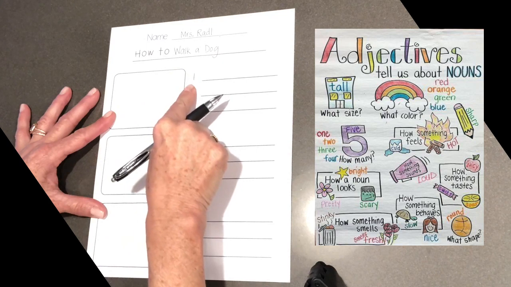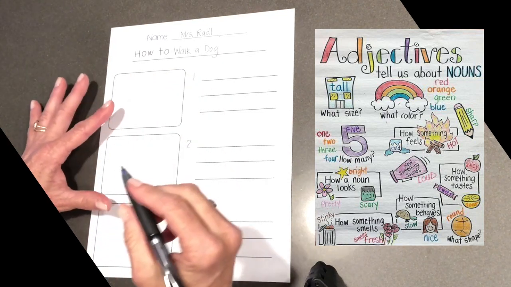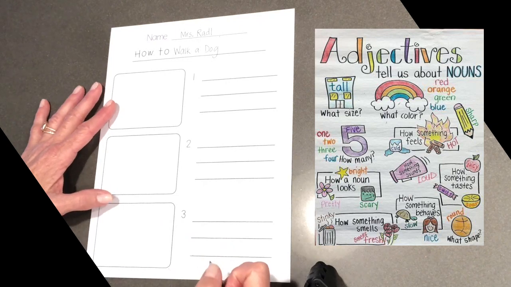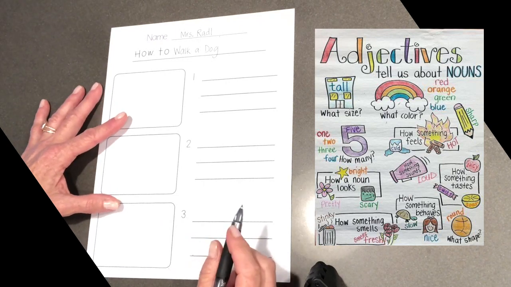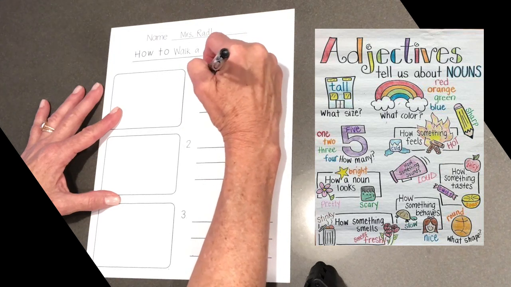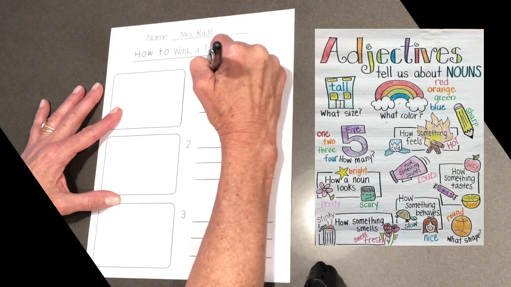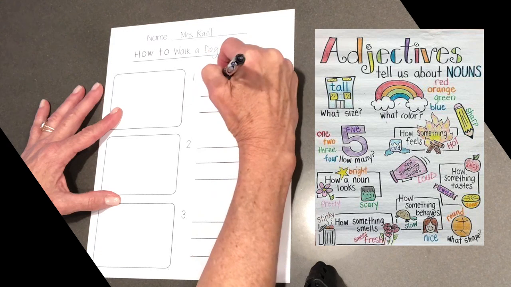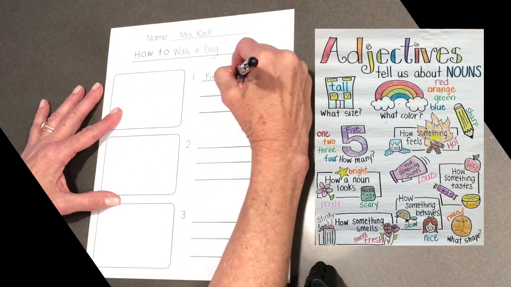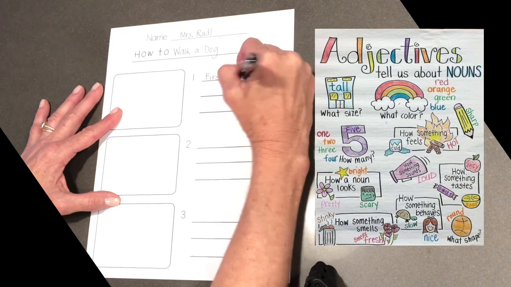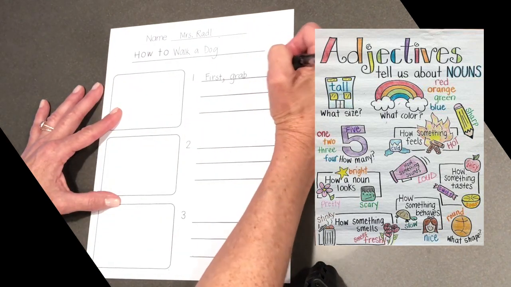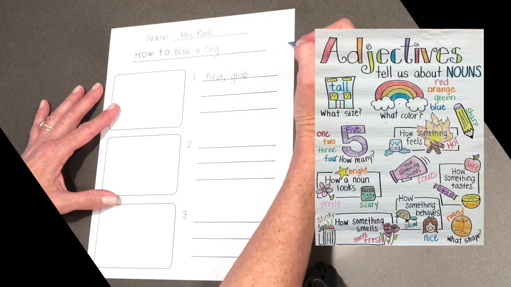Okay, first, I'm going to say grab a leash, but I'm going to add an adjective. I'm going to say grab a strong leash. So I'm going to start my sentence with a capital First and place a comma there. Grab. I'm stretching my words to make a word, stretching my sounds.